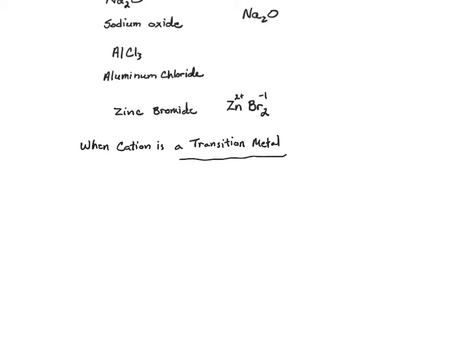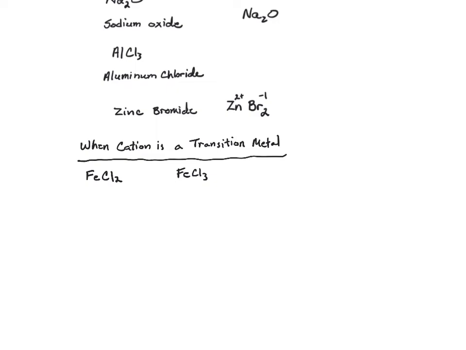To give you an example of when this is important, let's consider 2 compounds that iron forms. Iron forms FeCl2 and FeCl3. They look like they're similar, but they're 2 different compounds with different properties.